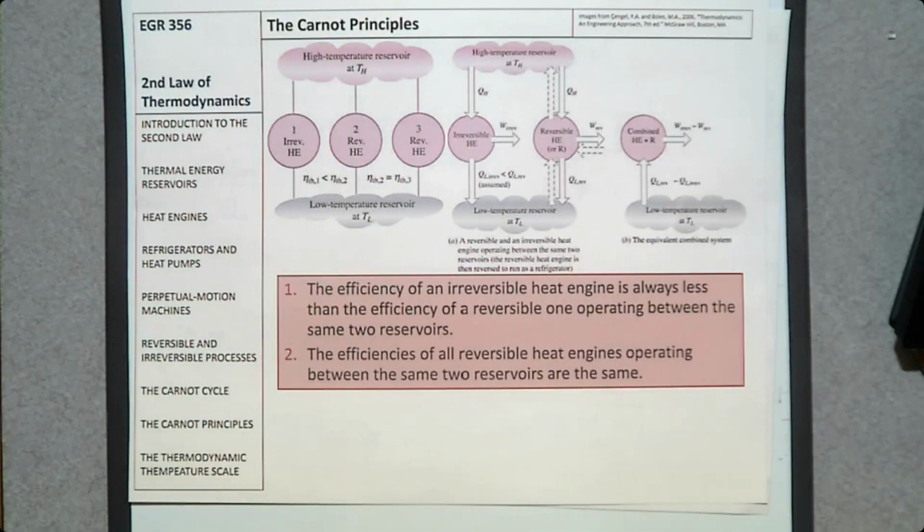The efficiency of an irreversible heat engine is always less than the efficiency of a reversible one, because the reversible one is going to be the ideal system.